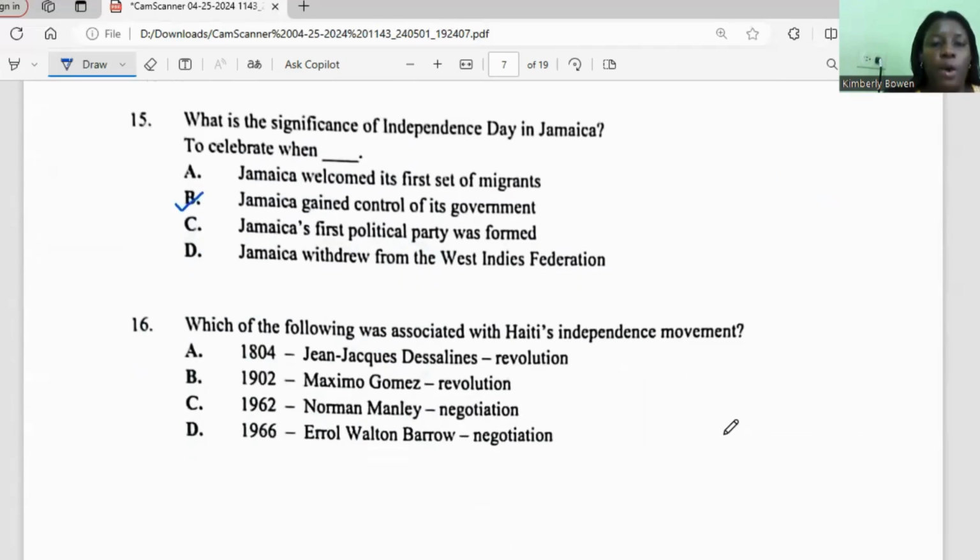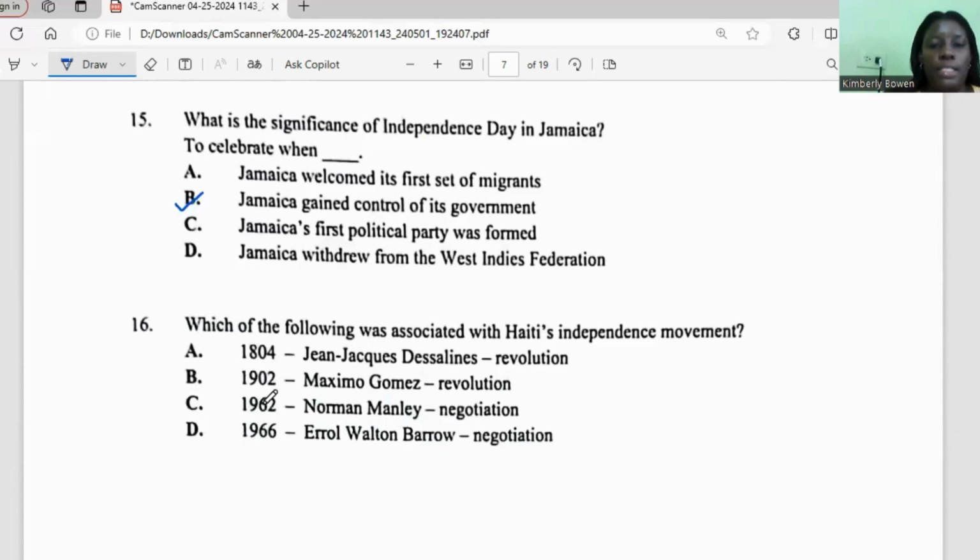Number 16, which of the following was associated with Haiti's independence movement? In 1804, the Jean-Jacques Dessalines Revolution. In 1902, Maximo Gomez Revolution.